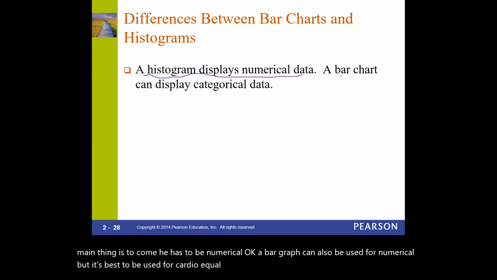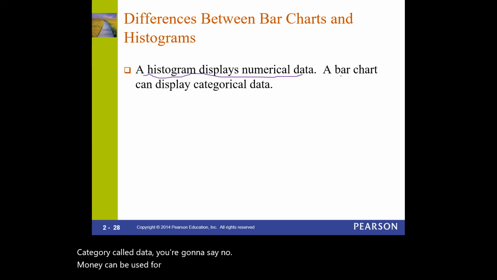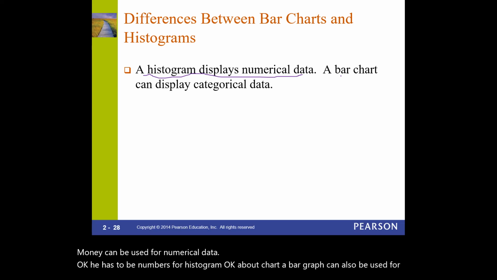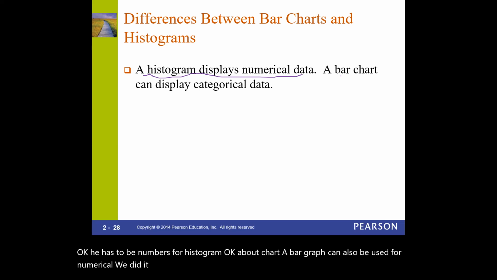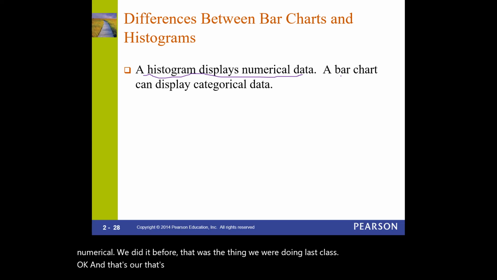You cannot use a histogram for categorical data. If I ask, can I use a histogram for categorical data? You're going to say no. A histogram can only be used for numerical data; it has to be numbers. A bar chart or bar graph can also be used for numerical. We did it last class, and that's how I was able to introduce the histogram to you.